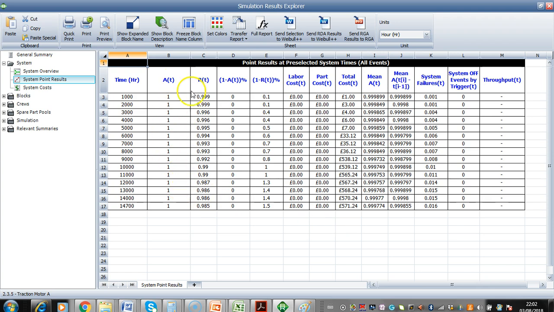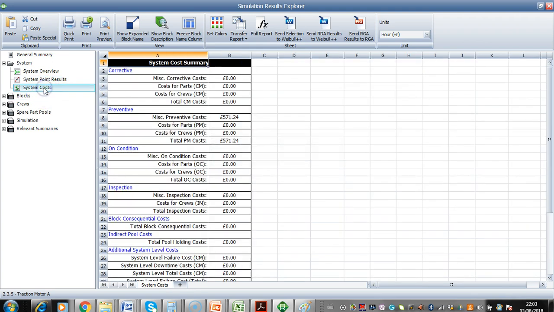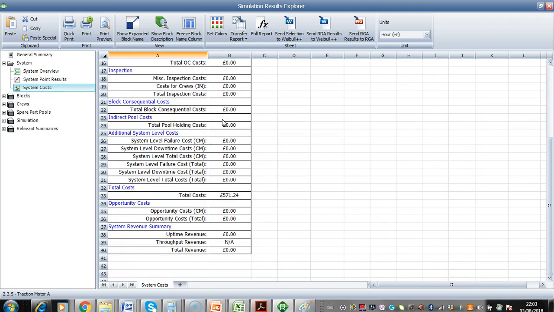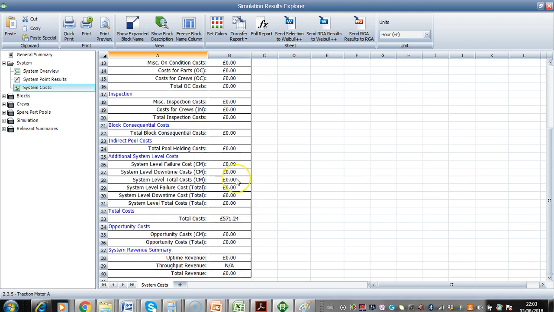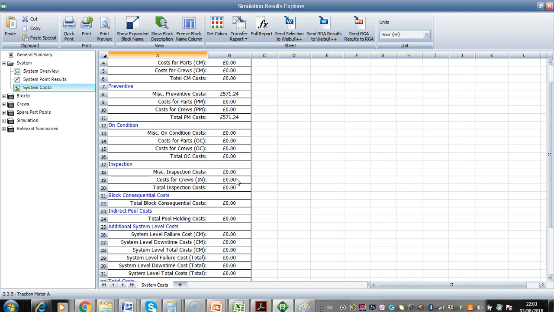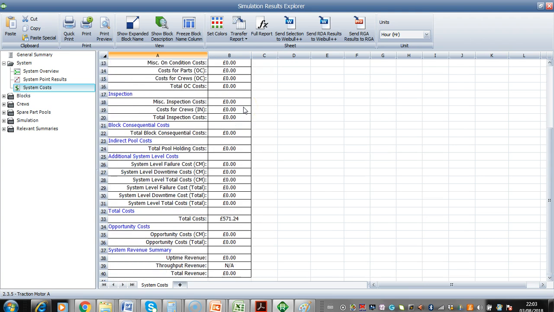So we have the operation availability, the reliability and how it decreased, as well as the total cost and how it was calculated, the mean operation availability, the availability, the expected number of failures. And here we have some information about system cost. In the end, how you get this 571 total cost. That is related to preventive maintenance here, and that we need to find out.